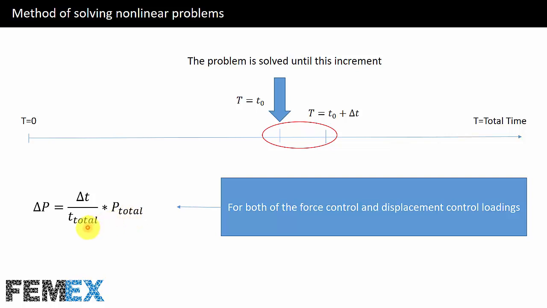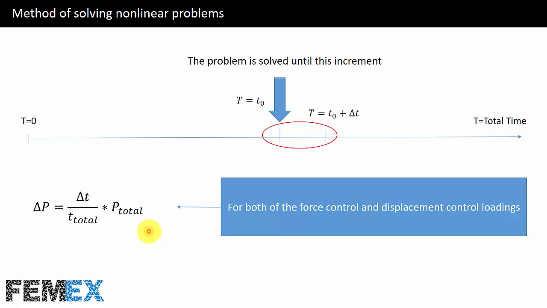We specify them, and the solver will determine the size of delta T, and then the delta P will be calculated. This formula will be used for both of the force control and displacement control loadings.